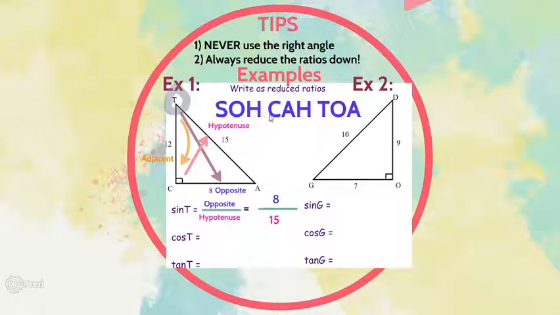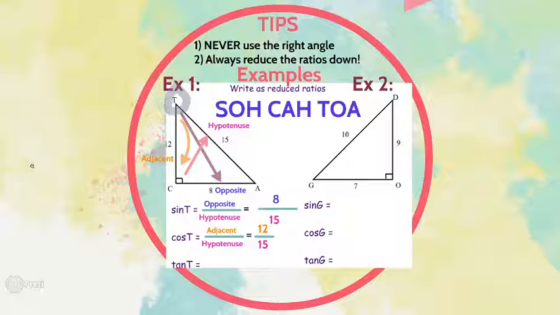Okay, cosine. Cosine is adjacent over hypotenuse. Cosine of angle T, that's why the T is there. We're starting from angle T. Cosine of angle T is the adjacent side, which we said was the 12, and the hypotenuse, which we said was the 15.